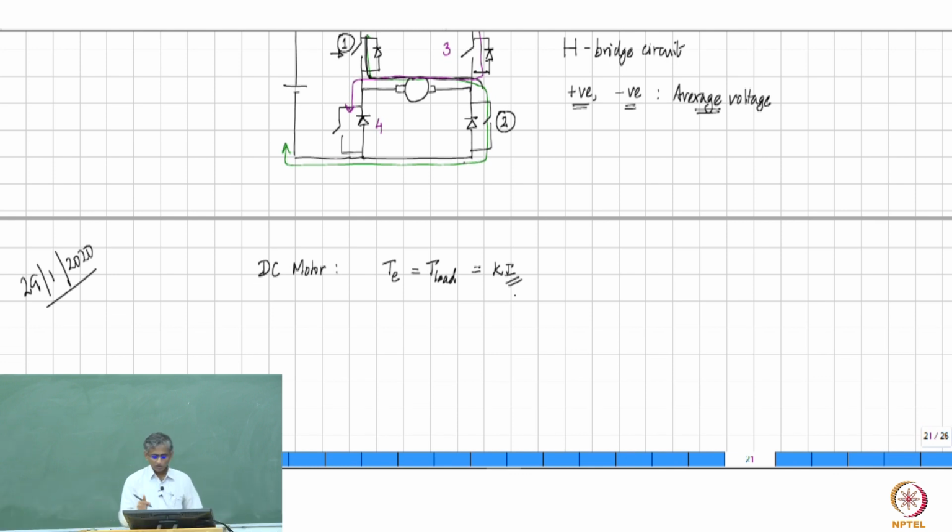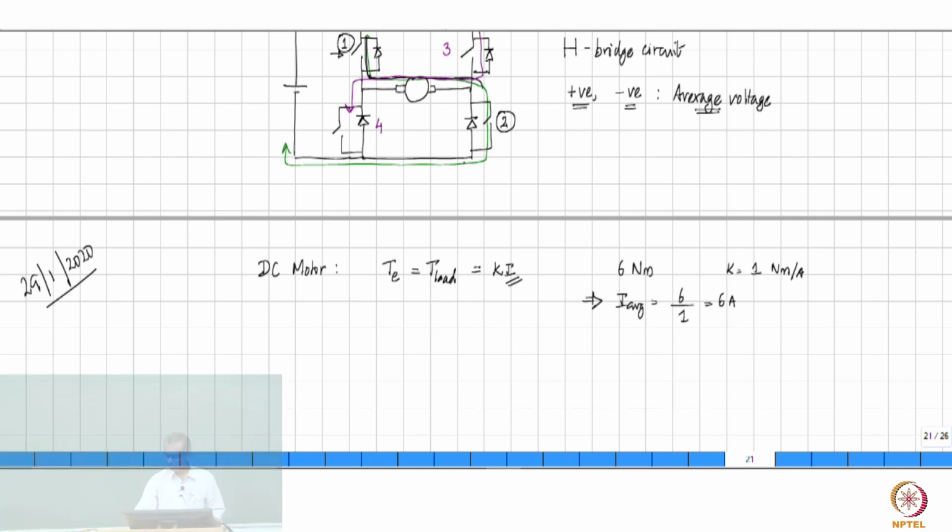So if the load torque that the machine needs to supply at that speed is 6 Newton meter, and the value of K is 1 Newton meter per ampere, then average current will be 6 divided by 1, which is 6 ampere.